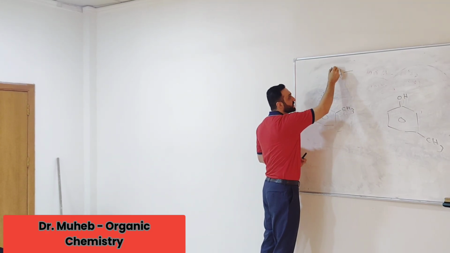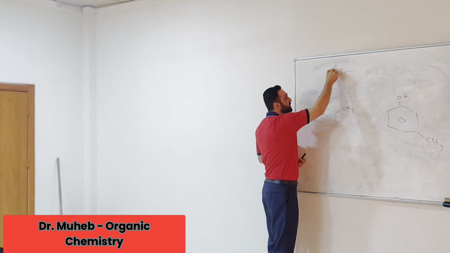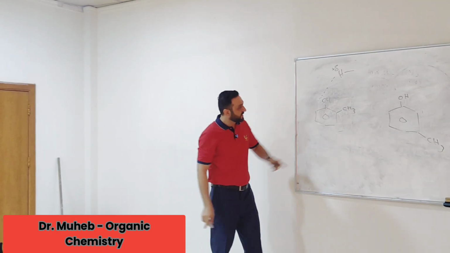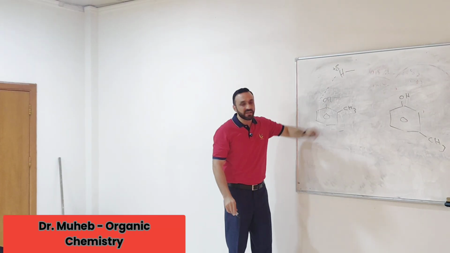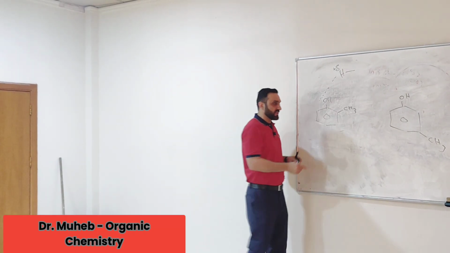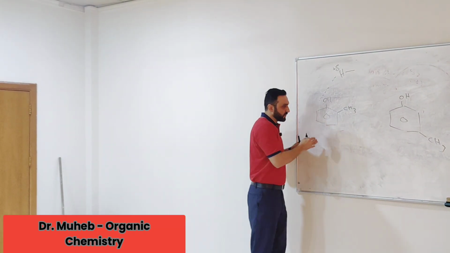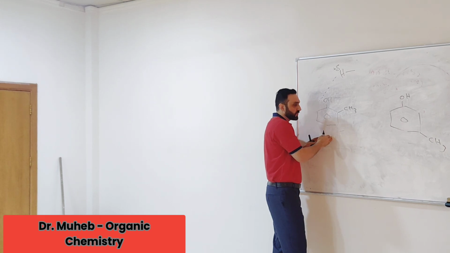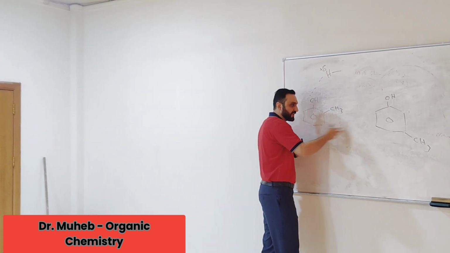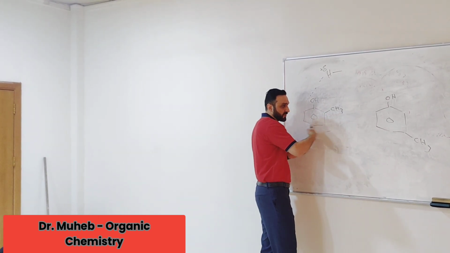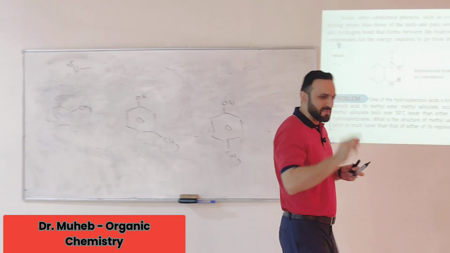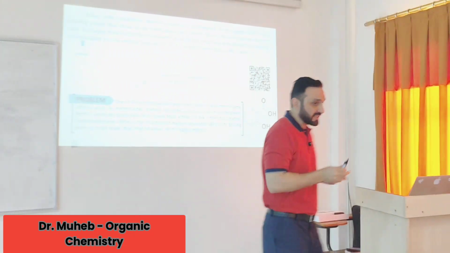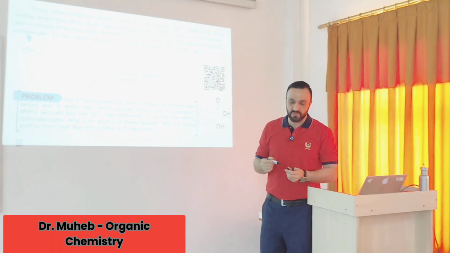That means you must have a partially positive hydrogen. Is this hydrogen here partially positive? No. So we don't have a hydrogen bond here. For this reason, if you want to know whether there is a difference between the melting points of these derivatives, I think there is no difference. Maybe just slightly different, not a big difference in melting point and boiling point.